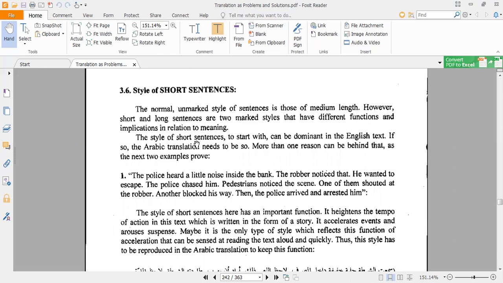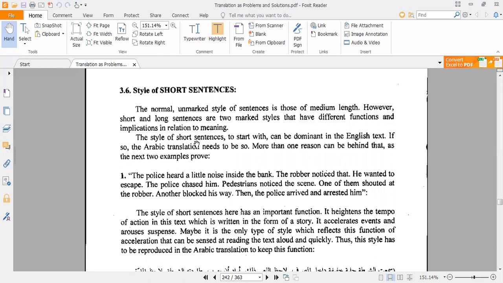I mean, the whole paragraph in Arabic may be only one sentence. We may have a paragraph with 10 or 15 lines that has only one sentence. So the style of long sentences is the dominant style in the Arabic language.